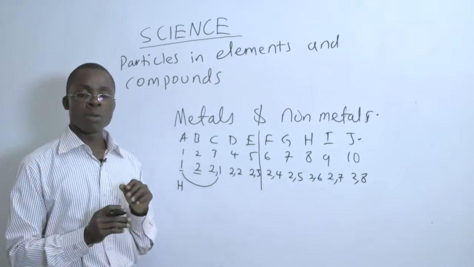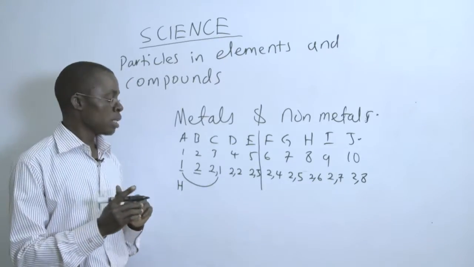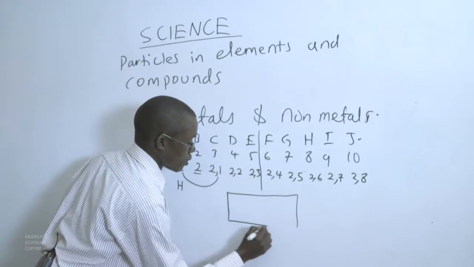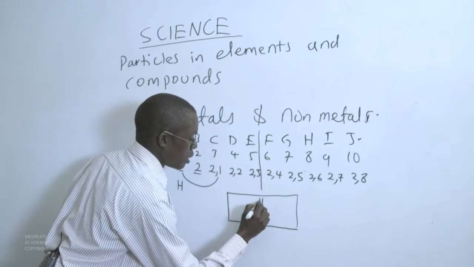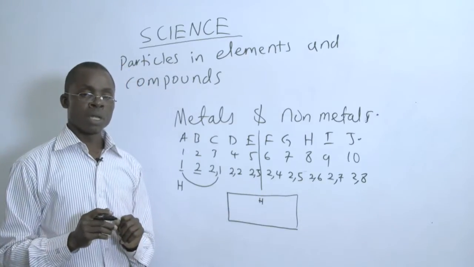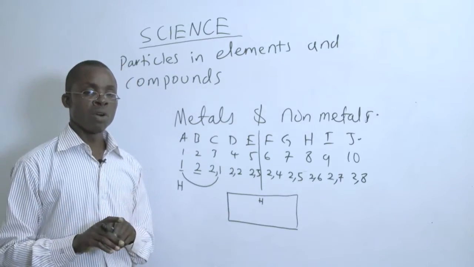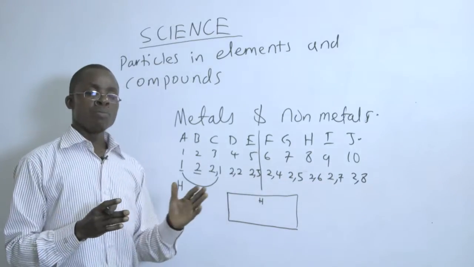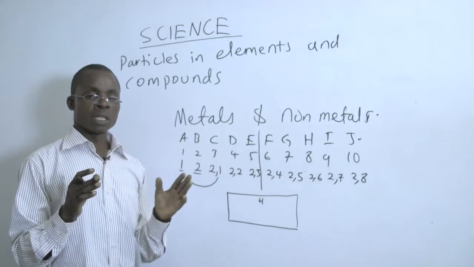So you'll find that in the periodic table, some will place hydrogen at the center, not in any of the groups, as we shall study the periodic table later. The reason being, hydrogen gives mixed characteristics.